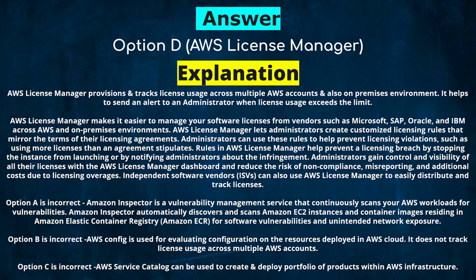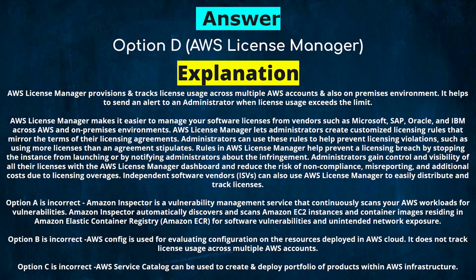Amazon Inspector is a vulnerability management service that continuously scans your AWS workloads for vulnerabilities. Amazon Inspector automatically discovers and scans Amazon EC2 instances and container images residing in Amazon Elastic Container Registry for software vulnerabilities and unintended network exposure.